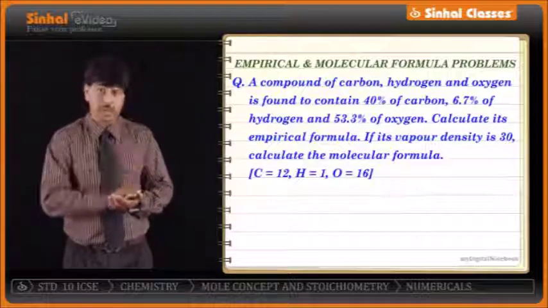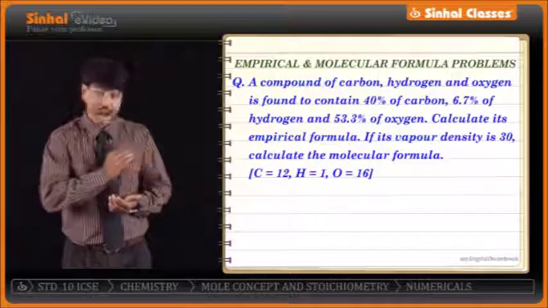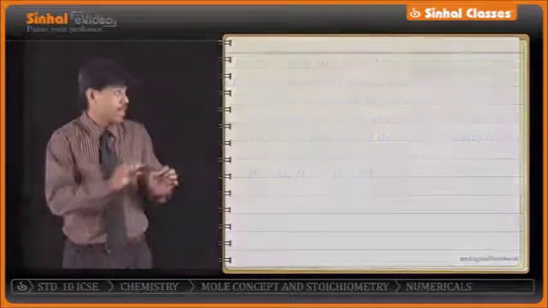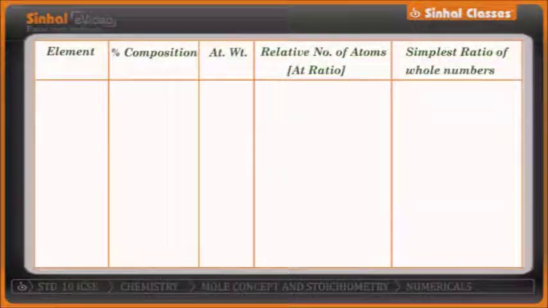The elements given to us are carbon, hydrogen, oxygen. So you make 5 columns starting with elements, percentage composition, third column of atomic weight, fourth relative number of atoms, and fifth simplest ratio of whole number. Let's take the first column.